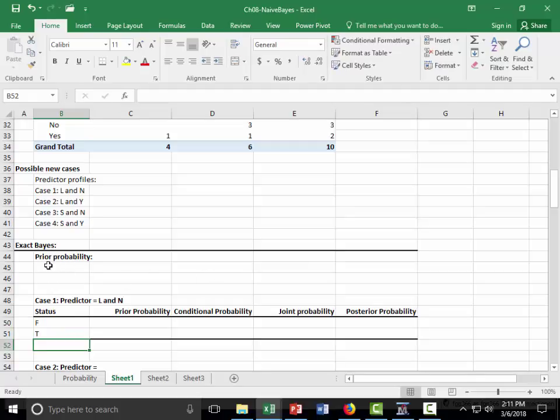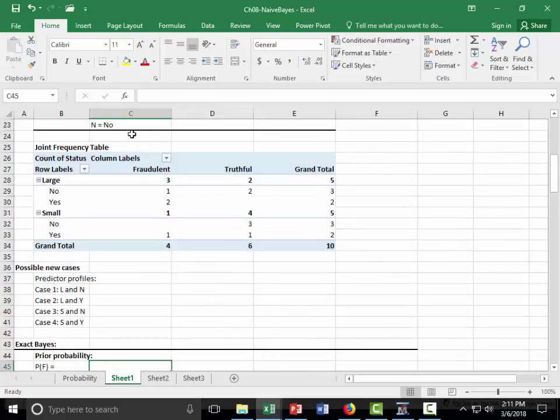So let's do P of F and P of T. That's our prior probability. You take the entire data set and see what proportion is truthful and what proportion is fraudulent.